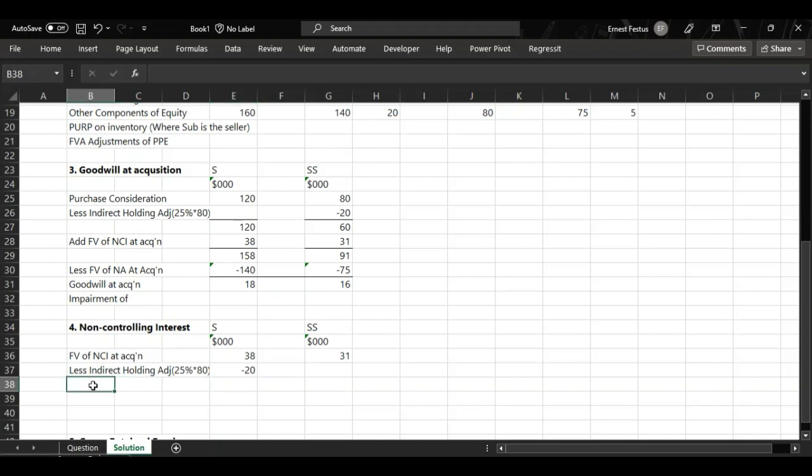And then we also have the NCI share of post-acquisition profits.